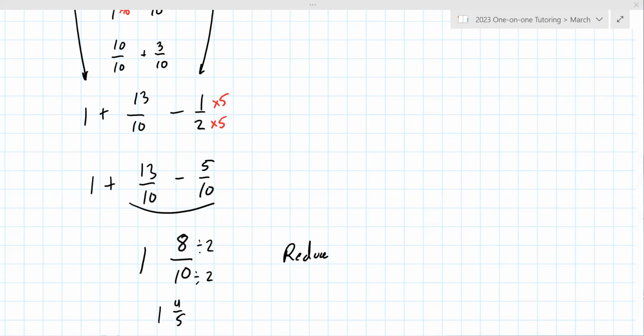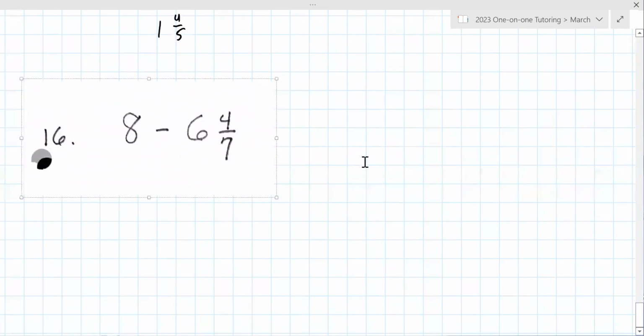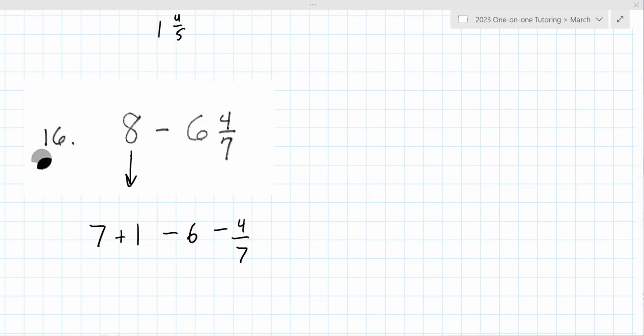All right, so let's keep going here. Let me know when you get all that down. I have it all. Okay, so this time the 8 for 16 is going to become 7 plus 1 minus 6 minus 4 over 7. So 16 is actually more like number 12 that we started with.